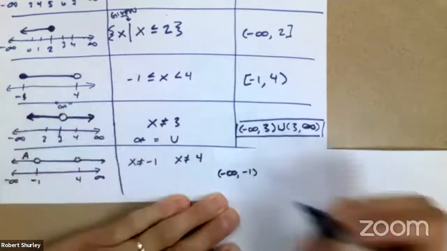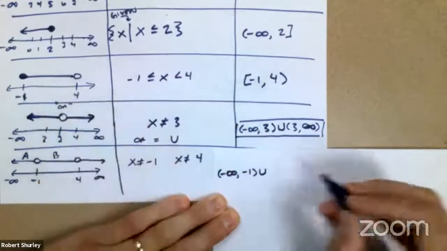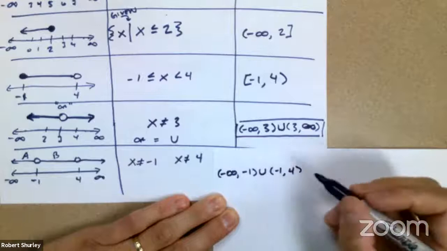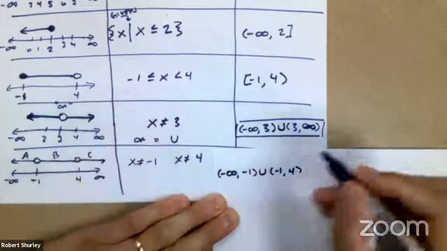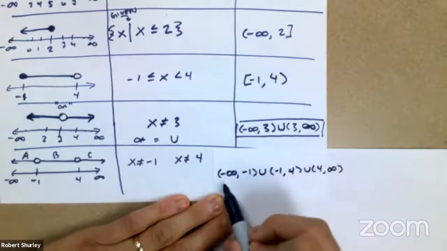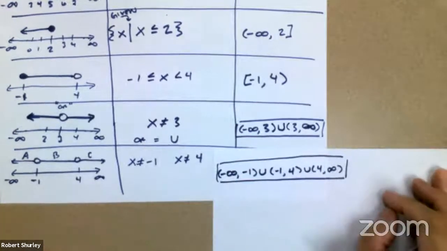If you want to think of it, that's like interval A. Or we could be in this interval B, right? -1 to 4. Again, all parentheses because we're not including these, right? They can't equal it. Or this last interval, 4 to infinity. So our answer is a little longer here, which is why I needed to bring that page in, because I didn't have as much room.